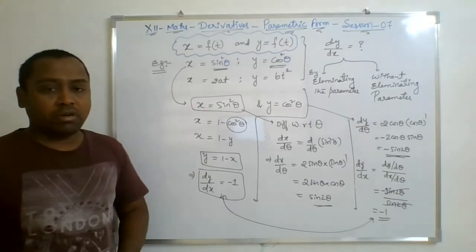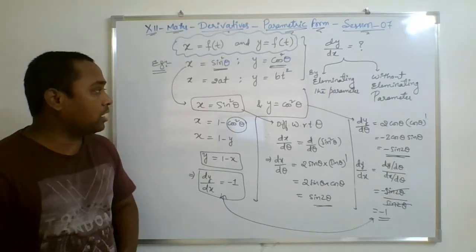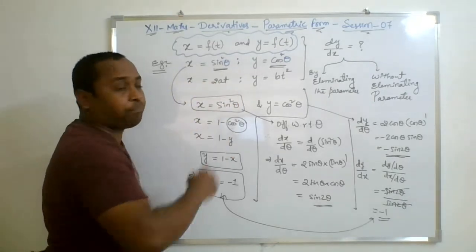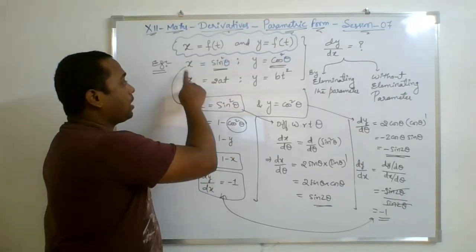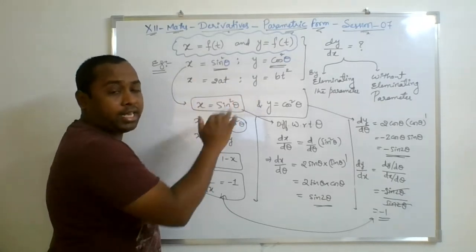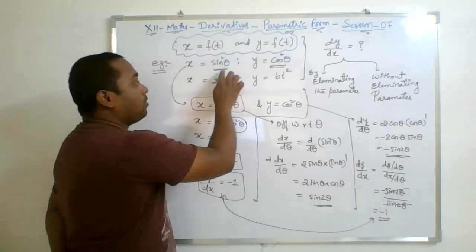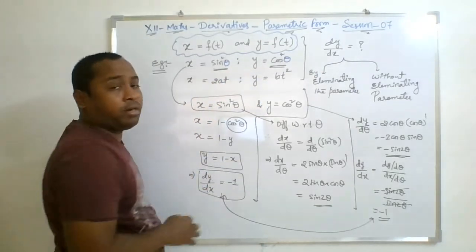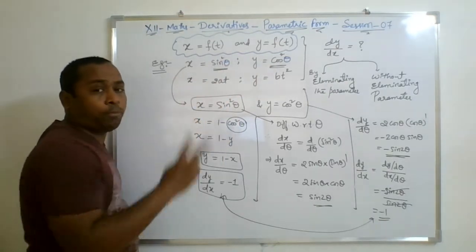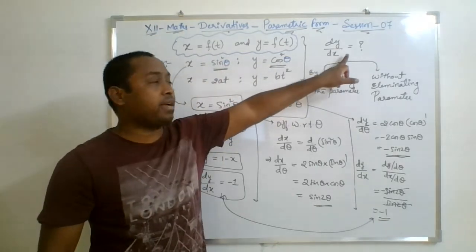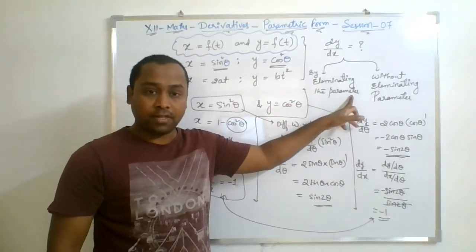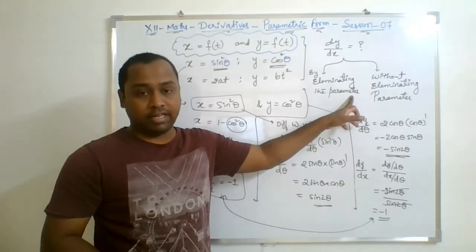So what you understood from this discussion is, if the expression is in parametric form, meaning x and y are connected, expressible in terms of a common variable, then you have two options to get dy by dx. One is by eliminating the parameter first and then going for the derivative.